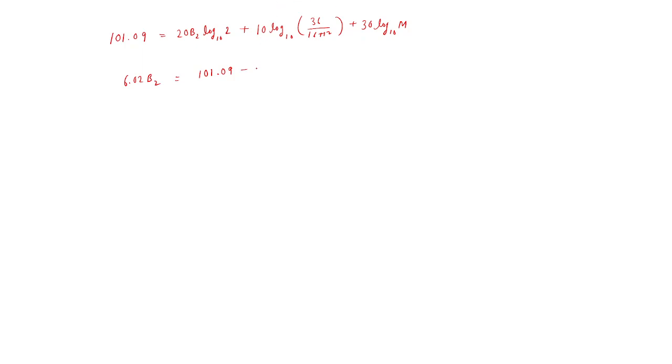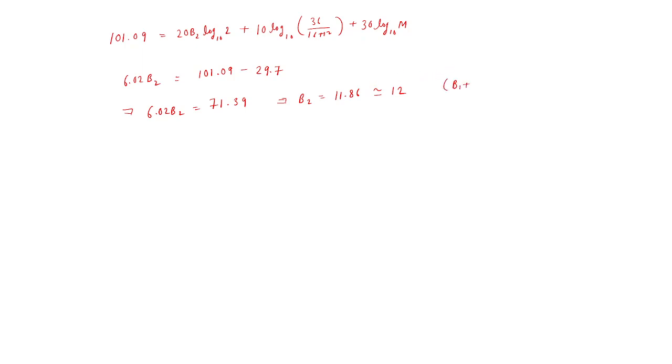That comes out to be 29.7. Okay, that means 6.02 B2 is 71.39, that implies B2 is going to be 11.86. Then you can approximate to the nearest integer, that is 12.